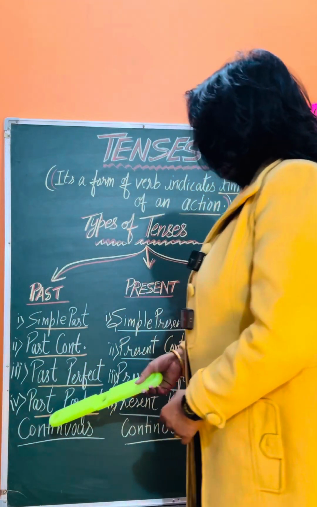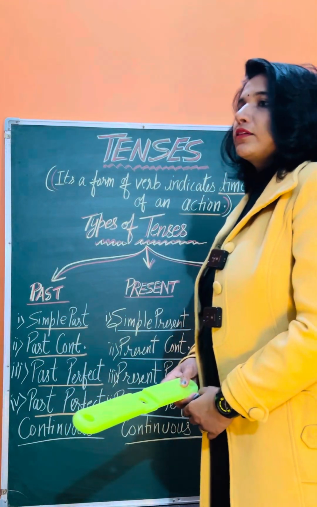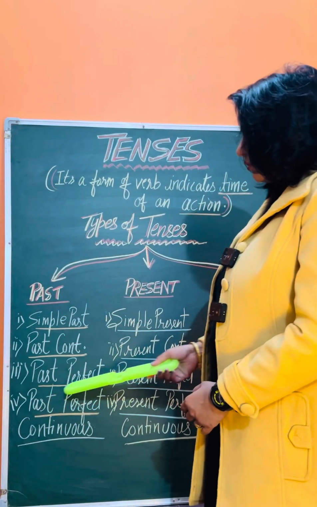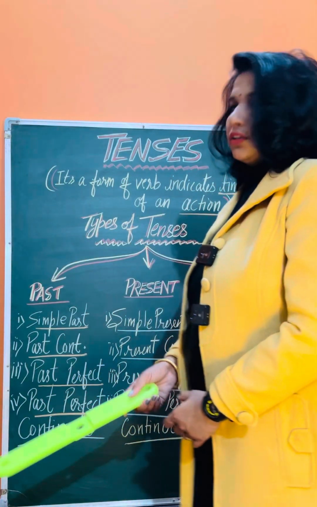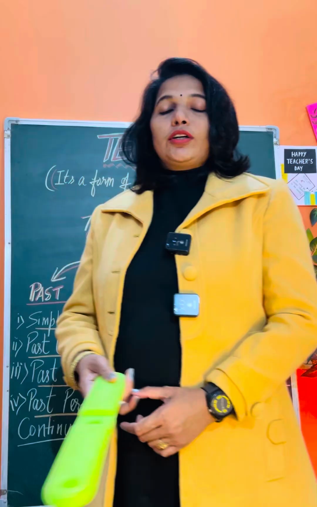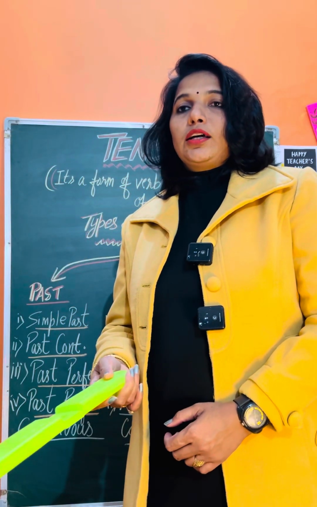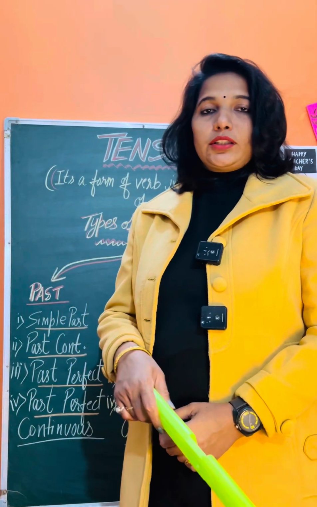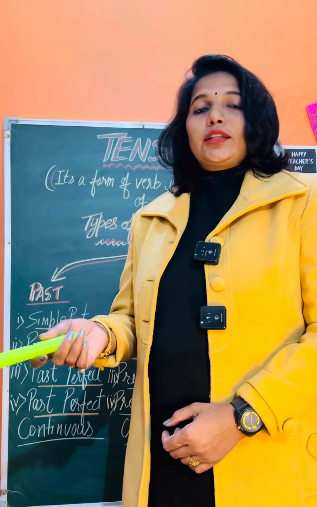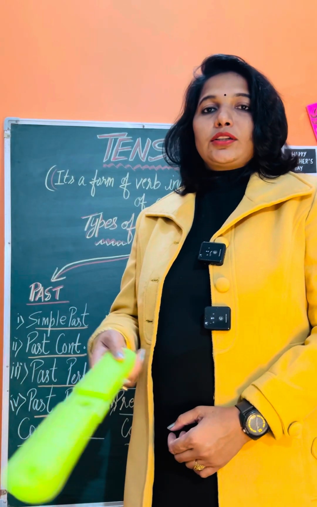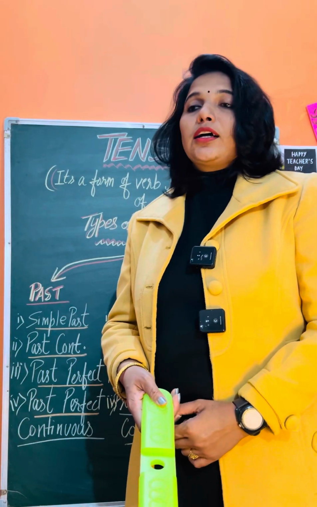Okay, next is past perfect continuous. Now as I already mentioned, if you want to mention the point of time and the work is in progress, then in that case you need to frame your sentence like this.